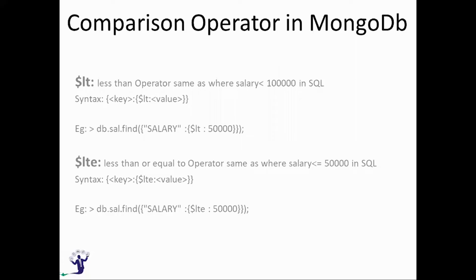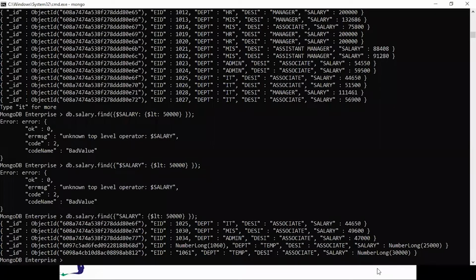Then another operator we have is LTE, that is less than equal to. So I will say db.salary.find condition salary colon $lte colon 50,000, less than equal to.